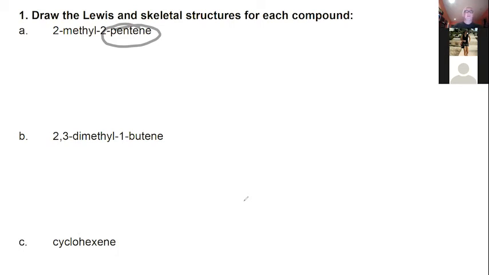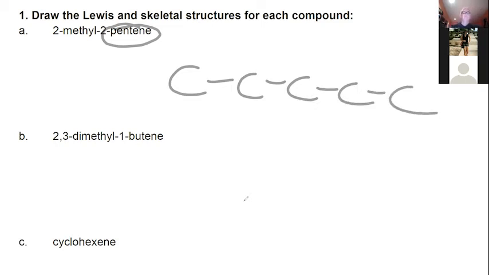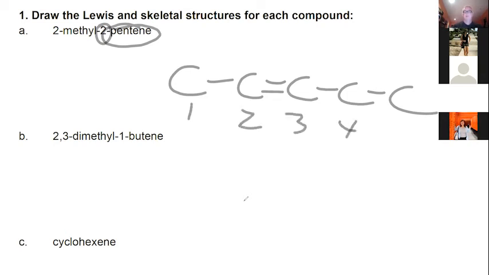So it means we're going to have 5 carbons in a row. So we just go 1, 2, 3, 4, 5. And then what's this number in front of it? What's that 2 refer to? Double bonded on the second carbon. Right. So that means that is 1, that's 2, 3, 4, 5.